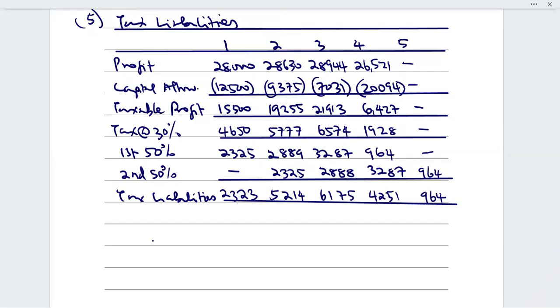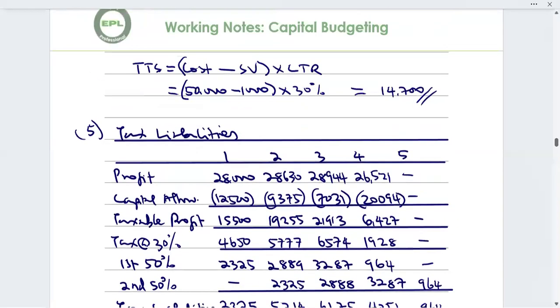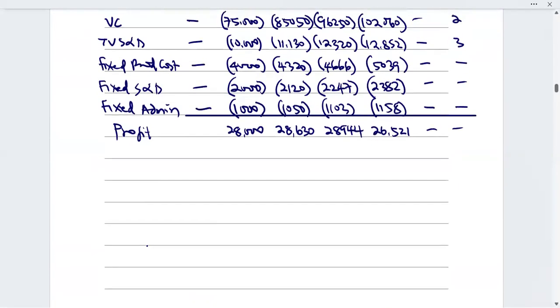So that's the tax liability we are going to charge. So let's go and put it there. Sorry, this is not correct. So 2325 for the first year. So I would then say tax liability, working number 5.